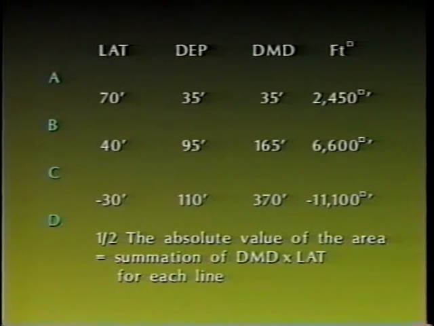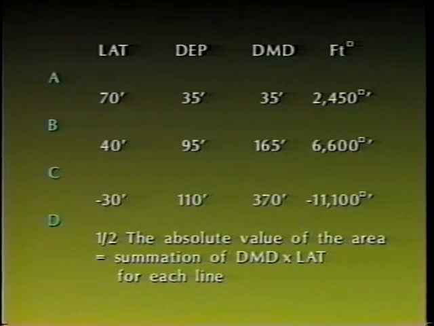Under this heading, list in the column the latitude for the corresponding line. Opposite line AB, list plus 70 for the latitude. Plus because it is headed northerly. For line CD, minus 30 because it is heading southerly.